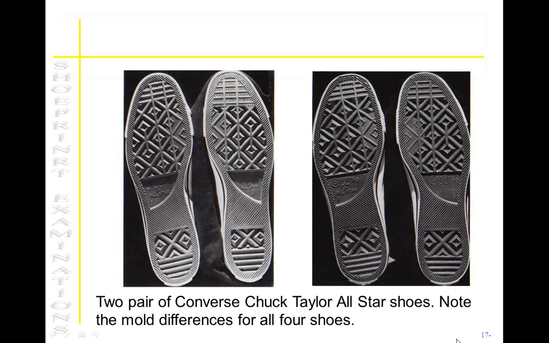So a lot of these various characteristics are going to give us a lot of indication as to how that outsole was produced. But then you can also take into consideration the randomness of how those different components are put together. And you can see, even though these are two brands of Converse Chuck Taylor All-Star shoes, there are going to be differences noted in that outsole pattern of the different shoes.